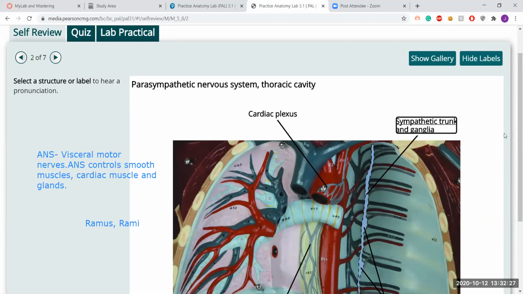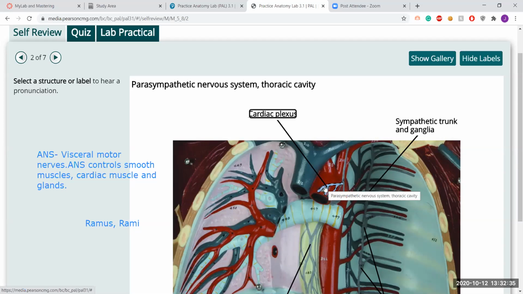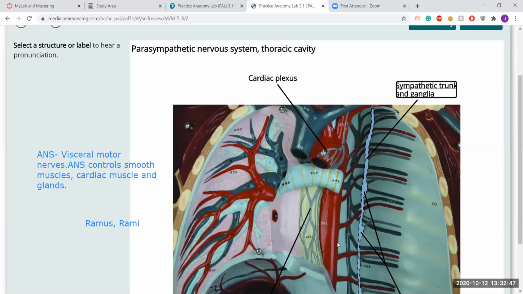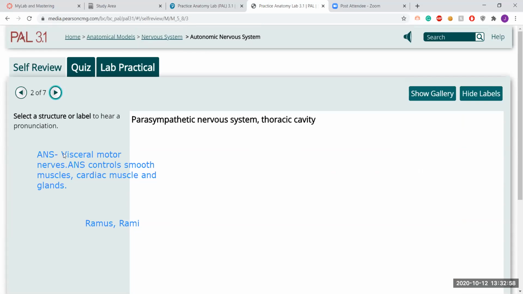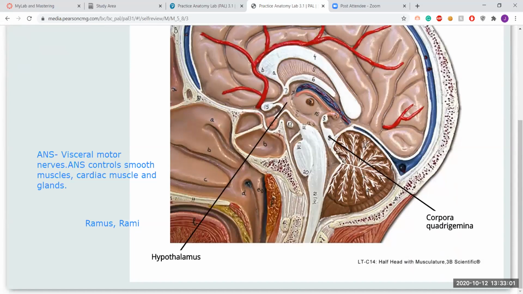Some of the plexus of the nerves are in the organ, particularly parasympathetic. Ganglia and plexus are in the wall of the visceral organ. You see here, cardiac plexus, and then again, sympathetic trunk ganglia on the left side. Earlier we saw the right side. Vagus nerve. This is the hypothalamus, and this is the corpora quadrigemina.